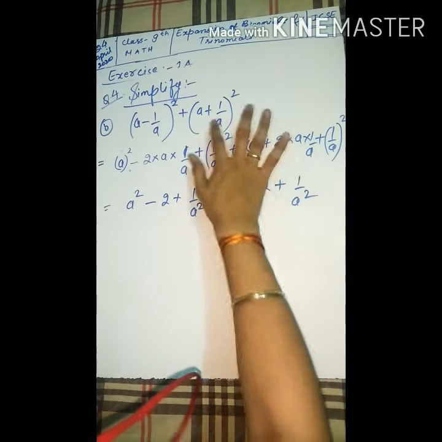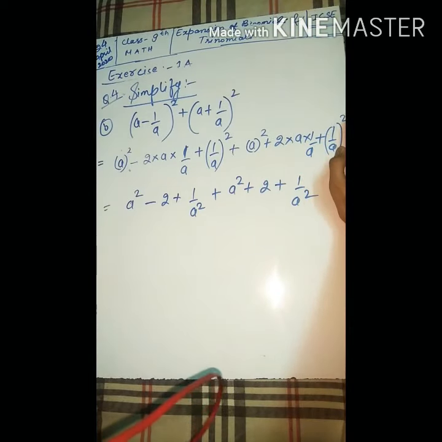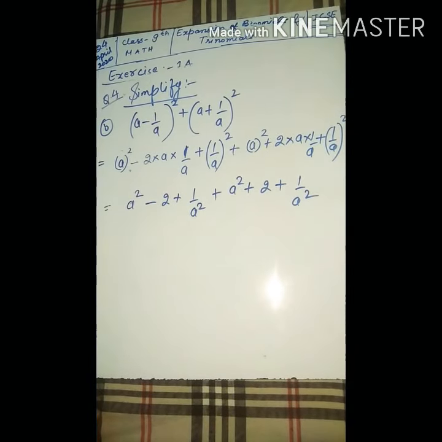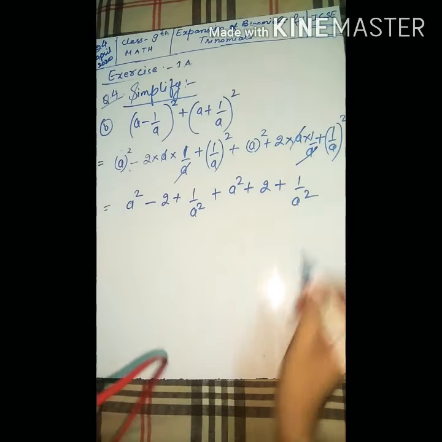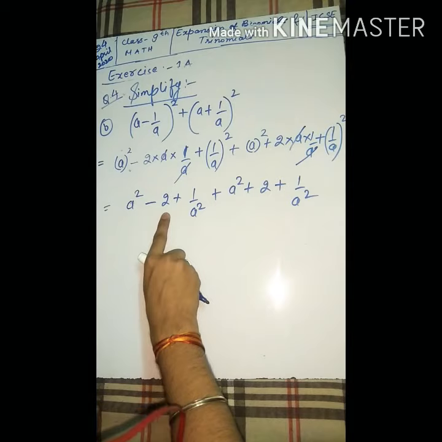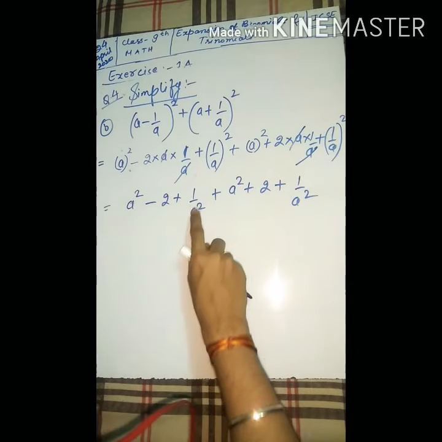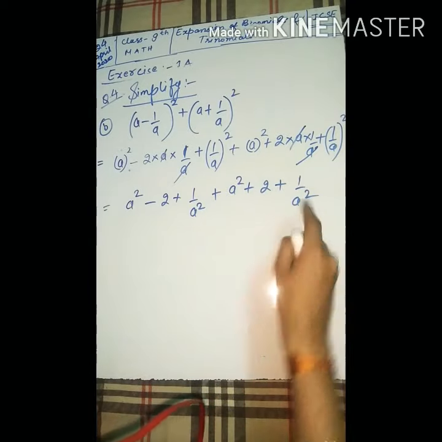So a square plus 2 into a into 1 upon a plus 1 upon a the whole square. Now here this a to this a will be cancelled, and here also this a to this a will be cancelled, a square minus 2 is left behind, plus 1 upon a the whole square, plus a square, plus 2 and 1 upon a square.